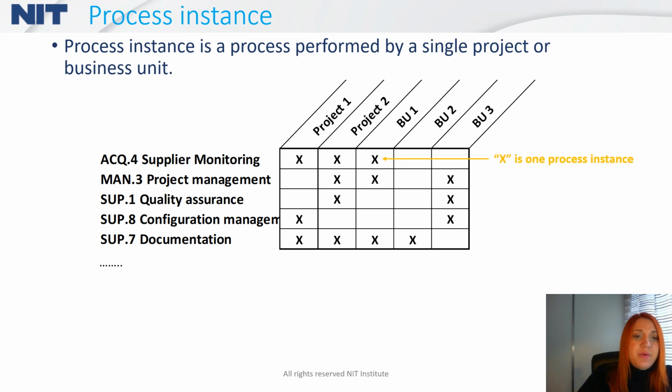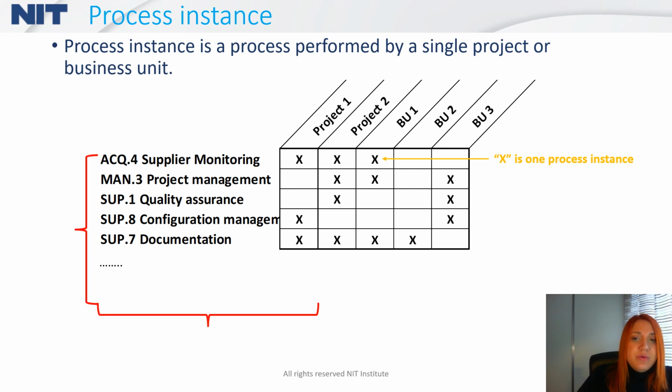For example, the supplier monitoring process for one business unit or one project is one process instance. For the improvement, we will check the same process in different projects or different business units, and then we will check more instances.